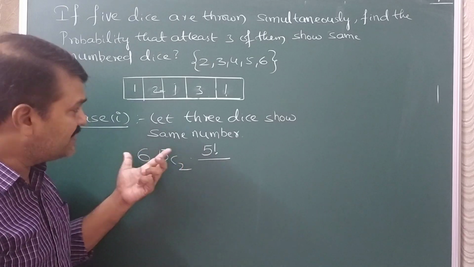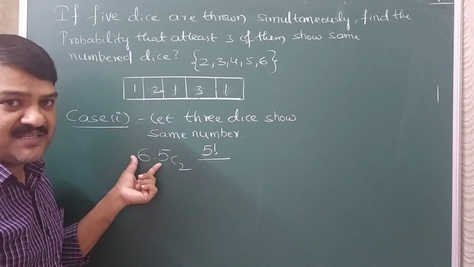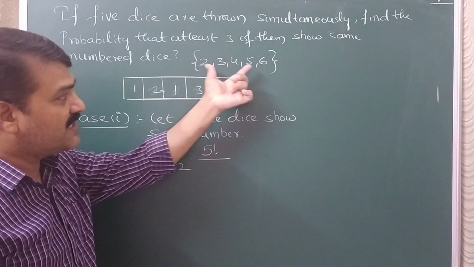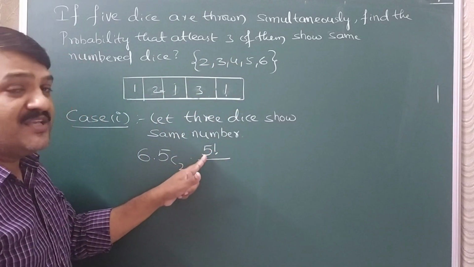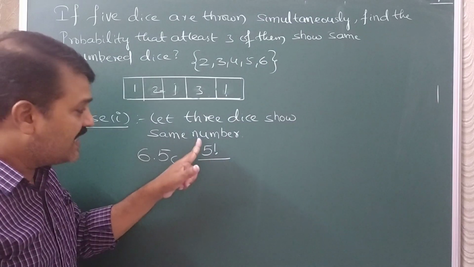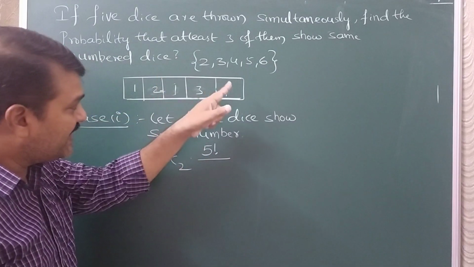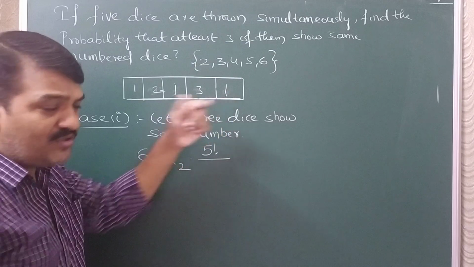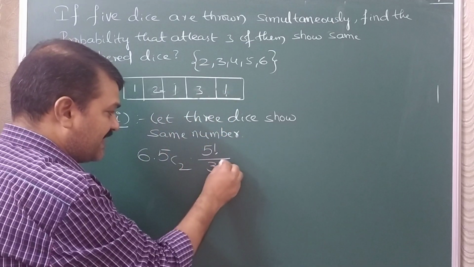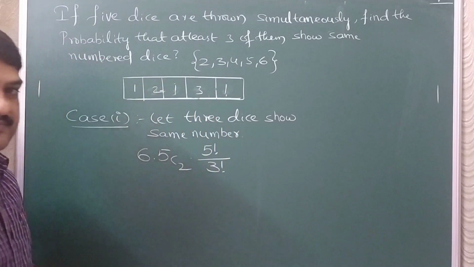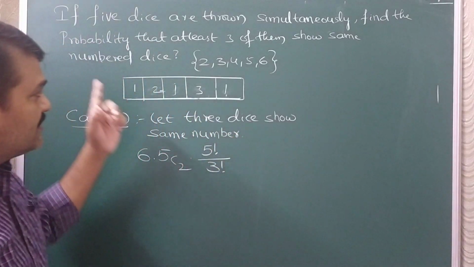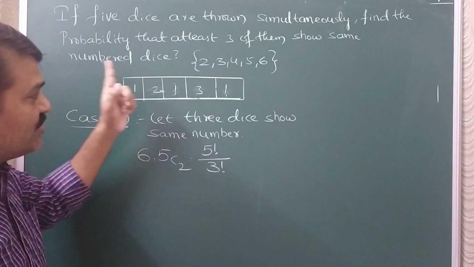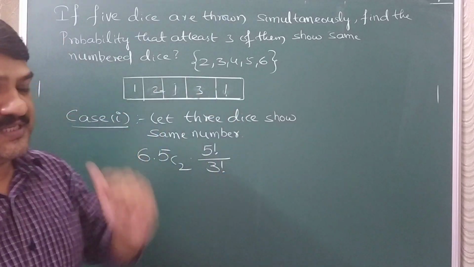What are those 5 numbers? 3 numbers we have taken same, and 2 numbers we have taken from this. We have 5 numbers, those 5 can be arranged in 5 factorial ways, and in these 5 numbers 3 numbers are same, no? So therefore divided by 3 factorial. So this is the first case of 5 dice in which 3 of them show the same numbers.